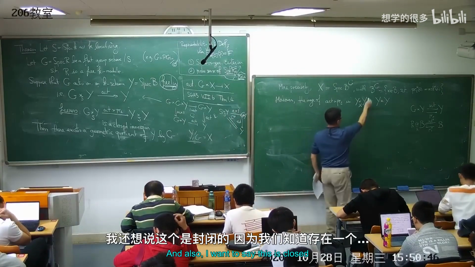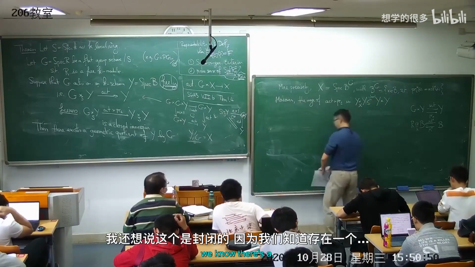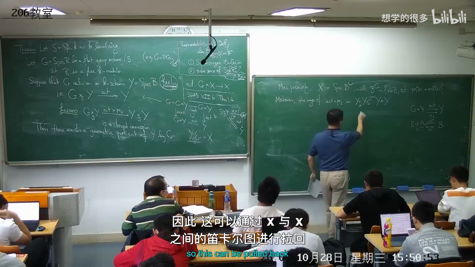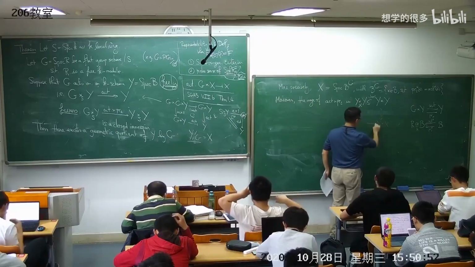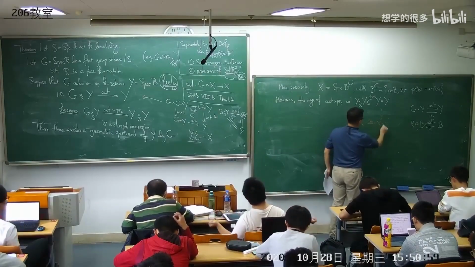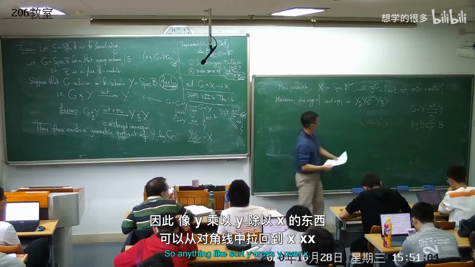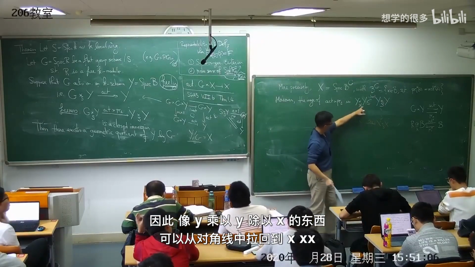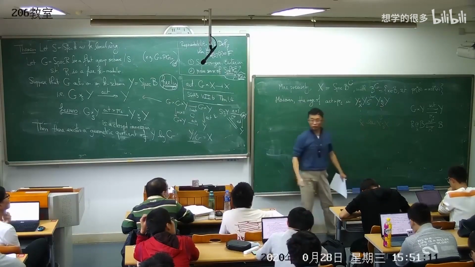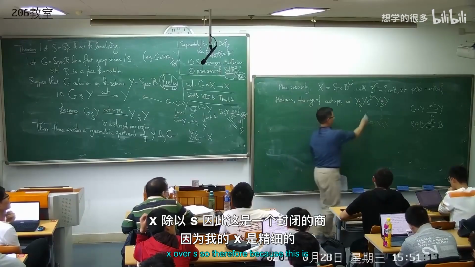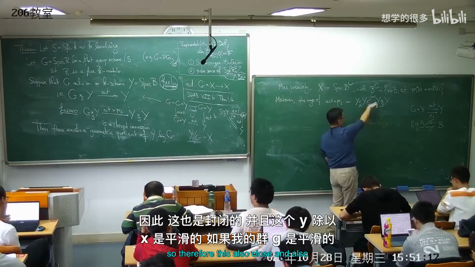And also, I want to say this is closed, because this can be pulled back by a Cartesian diagram from this x cross x. So anything like y cross y over x embedded into y cross y over s can be pulled back from the diagonal embedding of x into x cross x over s. So therefore, because my x is affine, this is a closed immersion. So therefore, this is also closed.